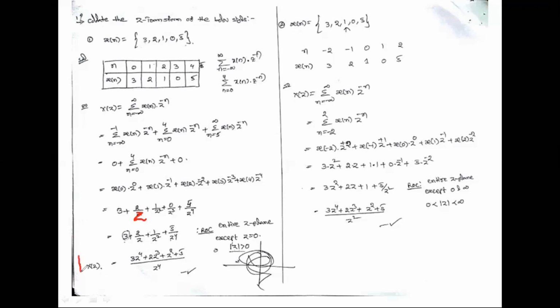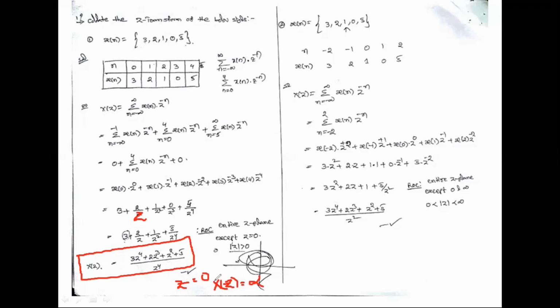Okay, now in this equation, the z transformation, when z is equal to 0, the total function x of z becomes infinite, because anything by 0 is infinite. Got it, my dear students?